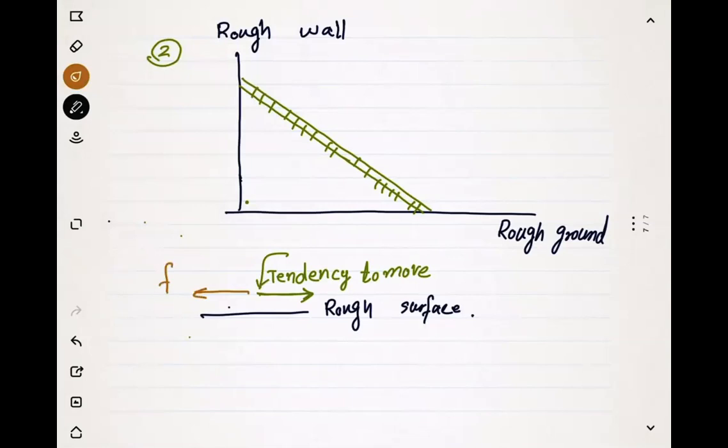So friction is against the tendency to slide, and the contact force is always perpendicular to the surface. As a result, the net force of these two will be here, and this force is the net force.